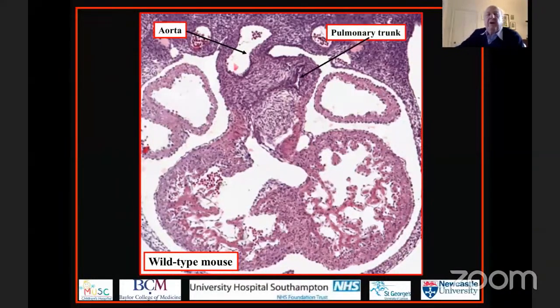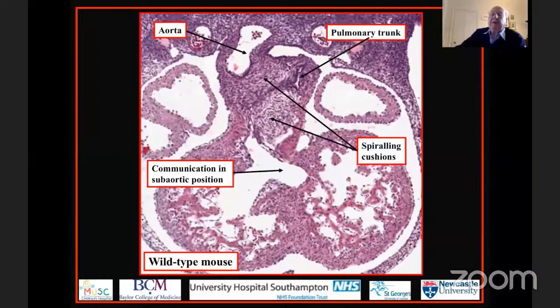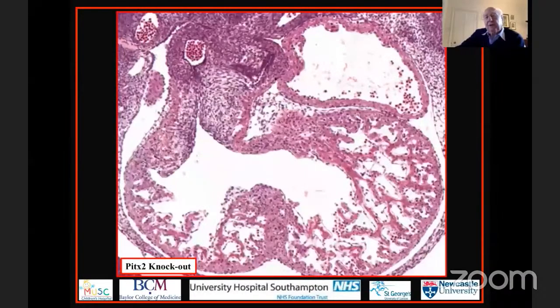They've developed from the non-myocardial distal part of the outflow tract. In this histologic section, we have cut across both cushions because they are spiraling within the outflow tract so as to commit the aortic root to the interventricular communication.